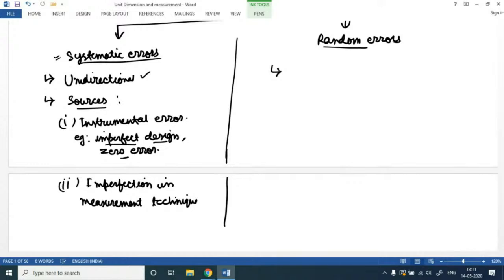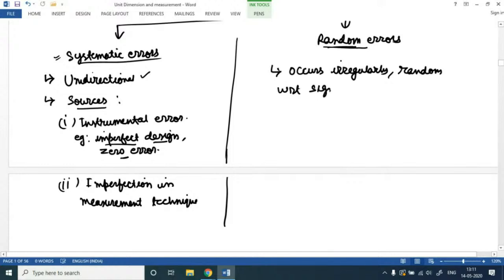So now let's talk about random error a little bit. As the name suggests, random error occurs irregularly, and that is random with respect to sign. Sometimes the same person is measuring and he might get some positive random error, sometimes he might get negative random error. So let's learn about its source also.